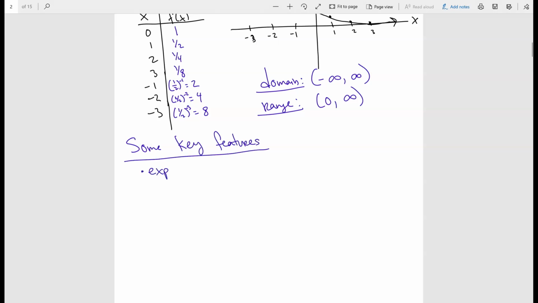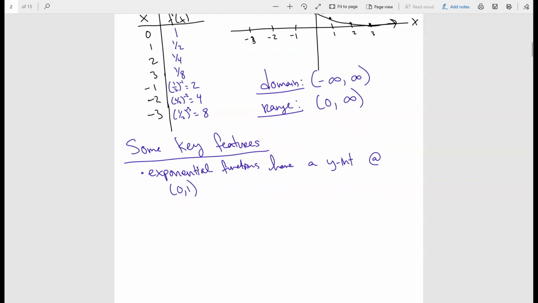Exponential functions have a y-intercept at 0, 1. Regardless of whether it was exponential growth or decay, it always is 0, 1.